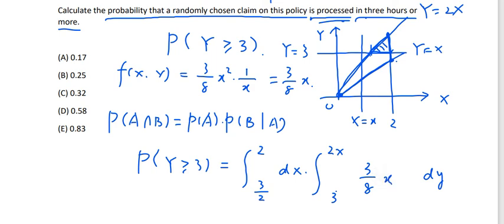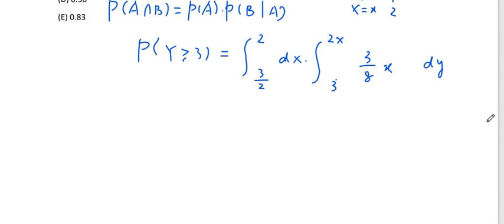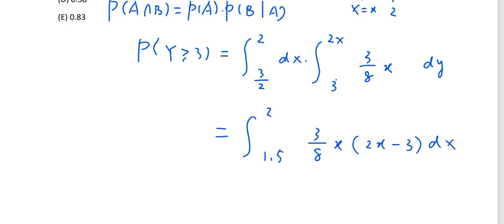So 3 over 2 is 1.5, dx. Here 3 over 8x, then dy becomes 2x minus 3, dx. Now you can easily find this integration.